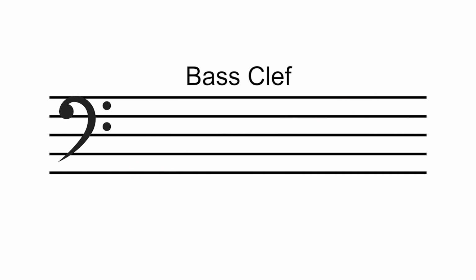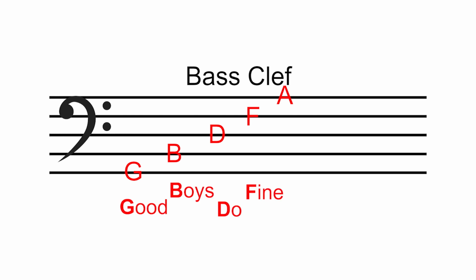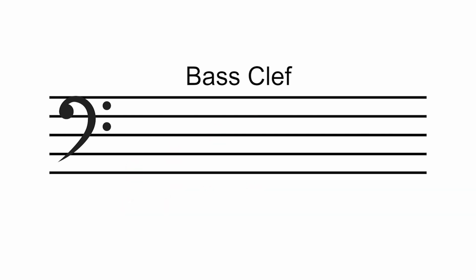Are you ready to review the bass clef? What note does the bass clef help us find? F. What are the notes on the lines? G, B, D, F, A. How do you know? Good boys do fine always, or you used the F guidance. What notes are on the spaces?